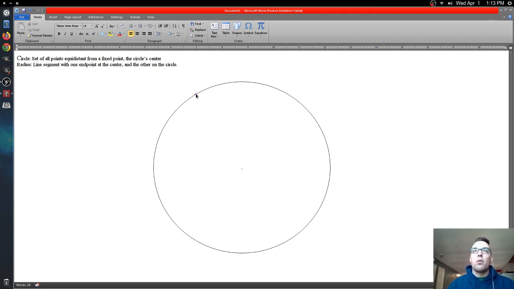Again, I can pick a point on the circle and another point on the circle, and then I can go ahead and connect those points and call that line segment a chord.